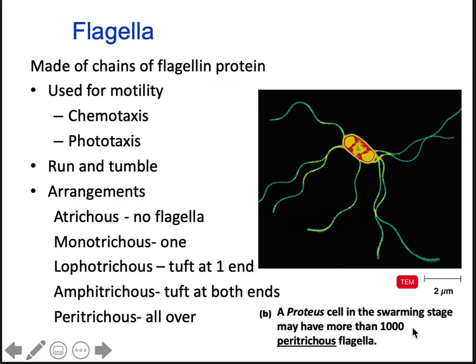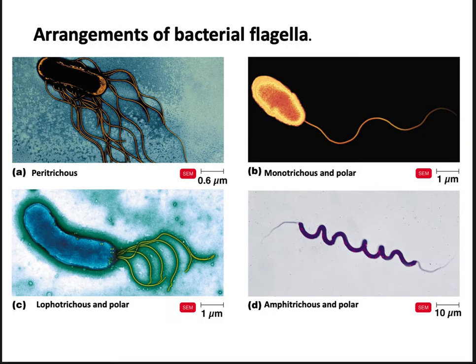They also give you a fun fact that some peritrichous bacteria can have more than 1,000 flagella, which is just incredible, right? That's so cool. So swarming is the most advanced form, the highest level of motility, and we'll take a look at that in just a moment.